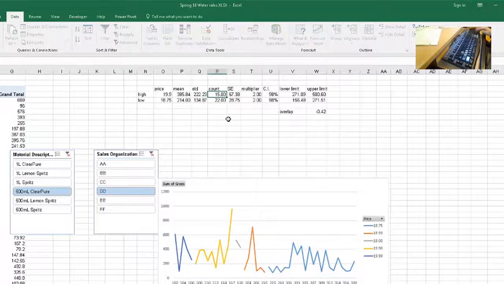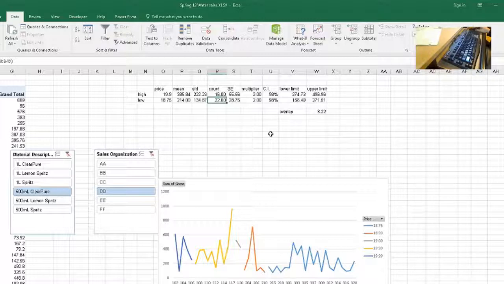So if I change that to 16, that made these limits smaller. You're more and more confident about the mean because you have a higher count. So I think I've covered everything that I wanted to go over, and hopefully this video will help you.